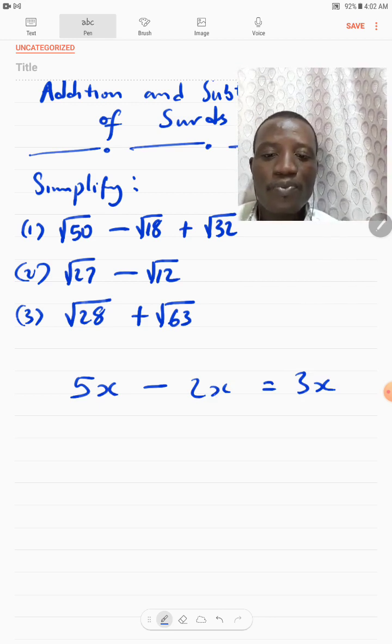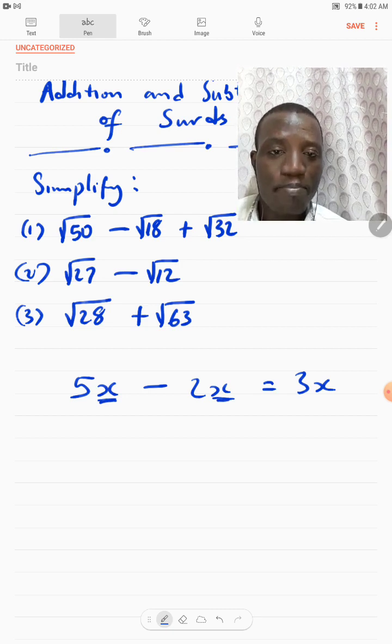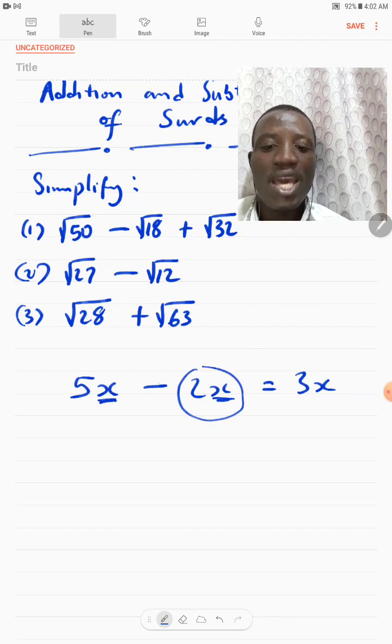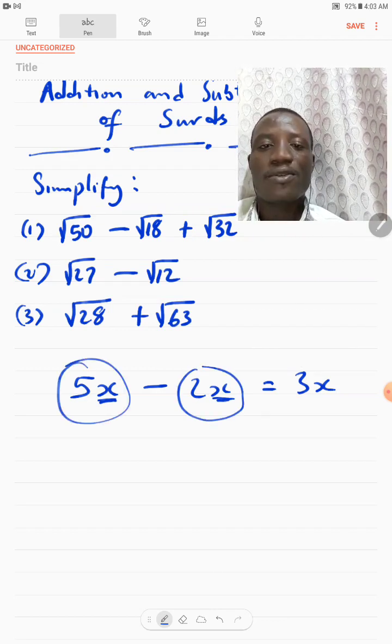Because this x and this x are of the same term. They are alike, and that is why 2x out of 5x will remain 3x because they are the same. We wouldn't do this if they are not the same.